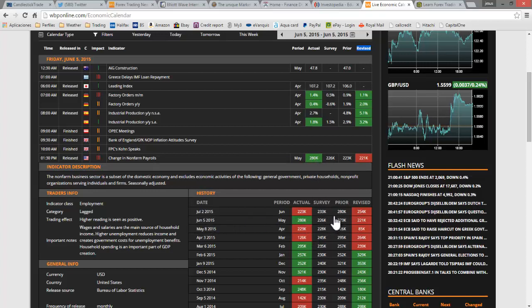Later on in time, you can see that the prior of 280k that was so good was actually revised to 254. Yes, it's still over the survey, the previous survey, but that's still revised down. And then the new one, the actual one, came down slightly below the previous one, but with not much of a difference here.